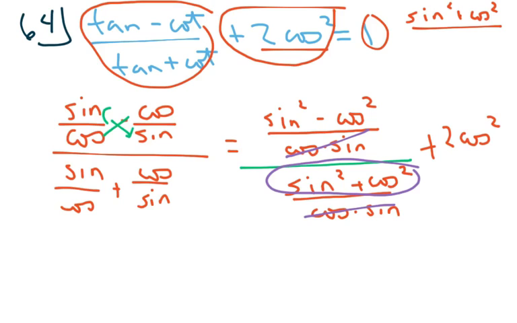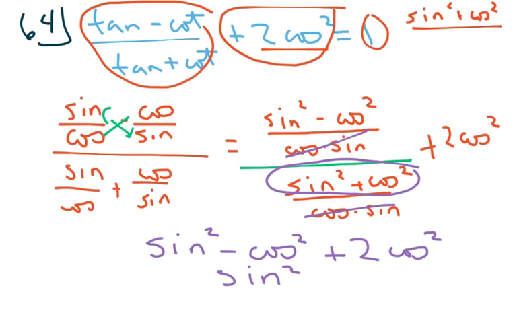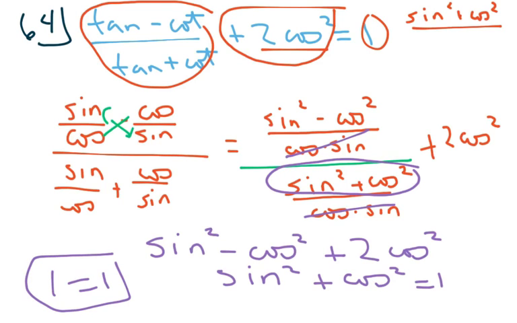This part equals 1. So basically what we have now is sine squared minus cosine squared plus 2 cosine squared. When you add this up, this equals sine squared plus cosine squared, which equals 1. So basically 1 equals 1. Right.